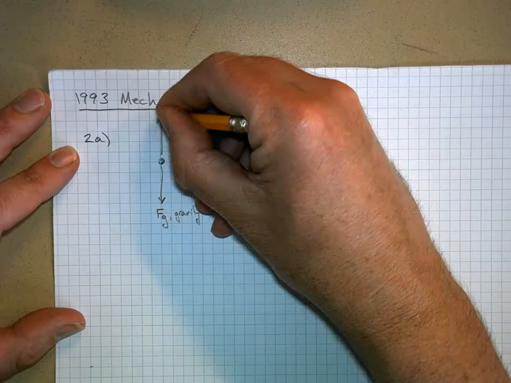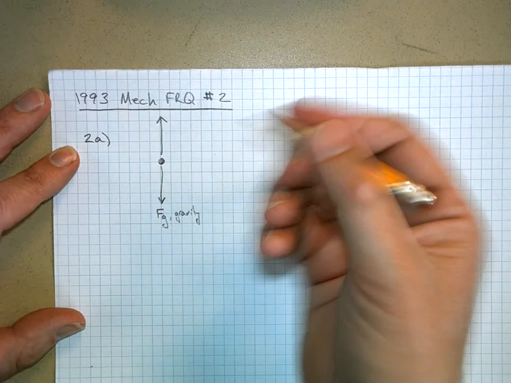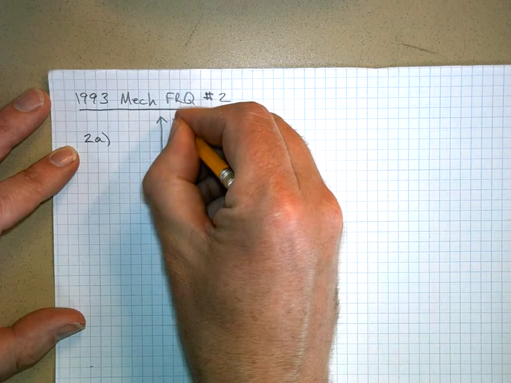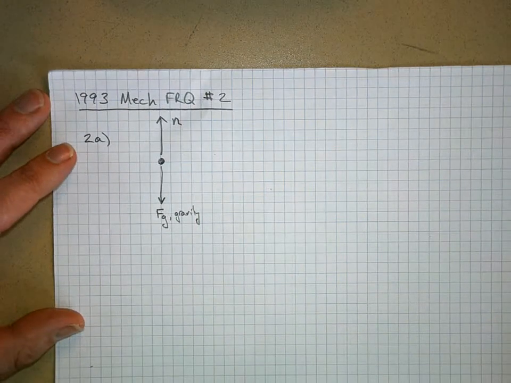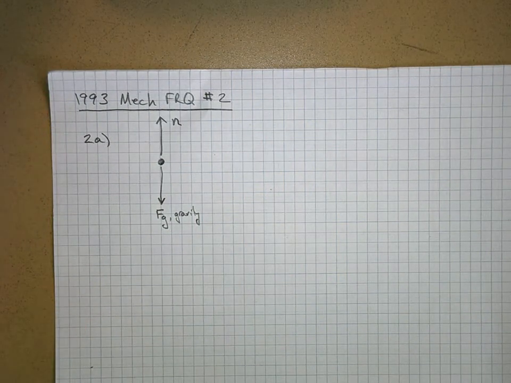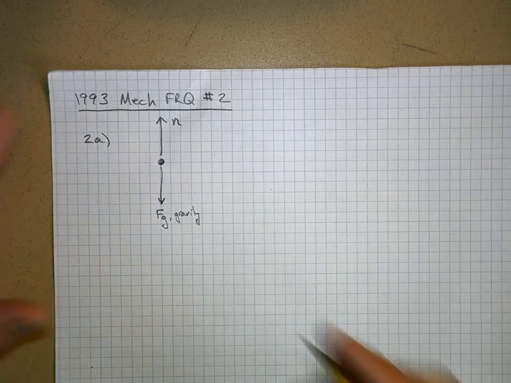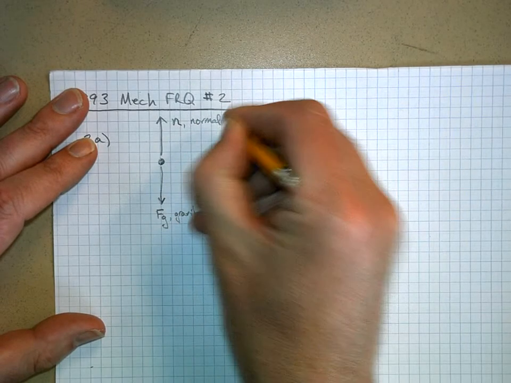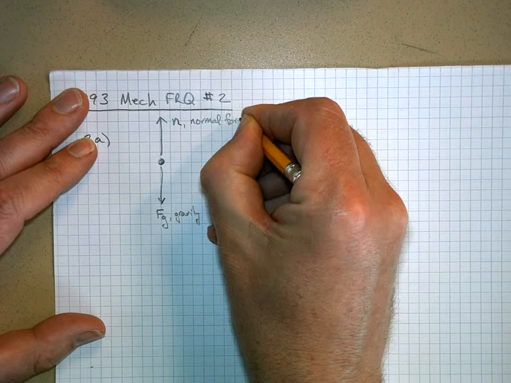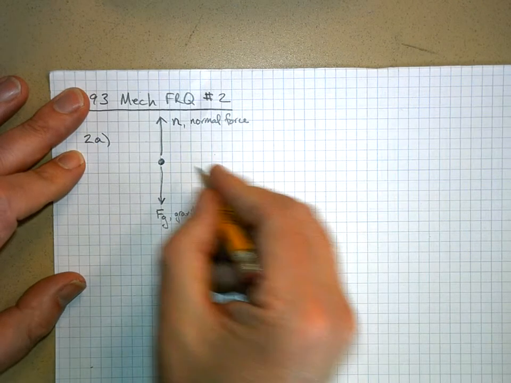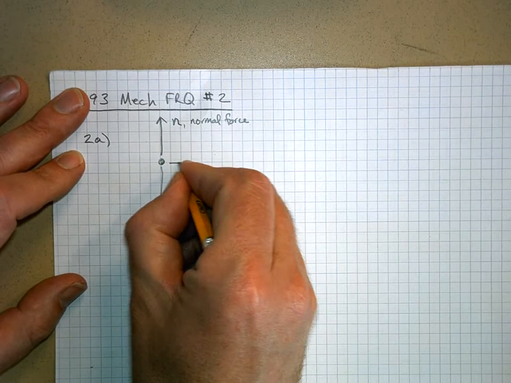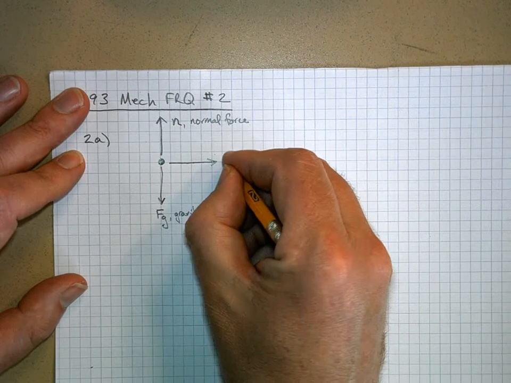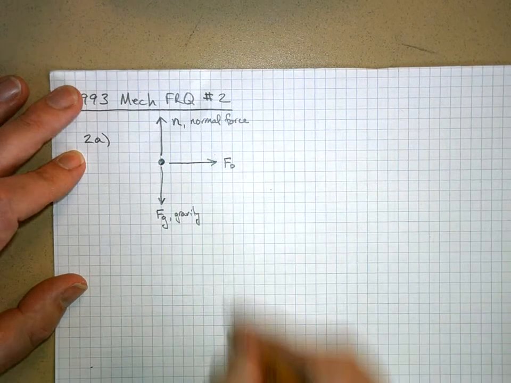And you've got a normal force that's going to cancel that out. Now we use the letter N for normal force. If you put F sub N, they're going to give it to you. Don't worry about it. Normal force. And then we've got F naught. And that's a constant.